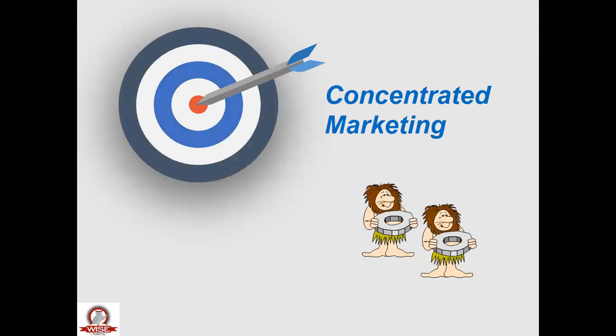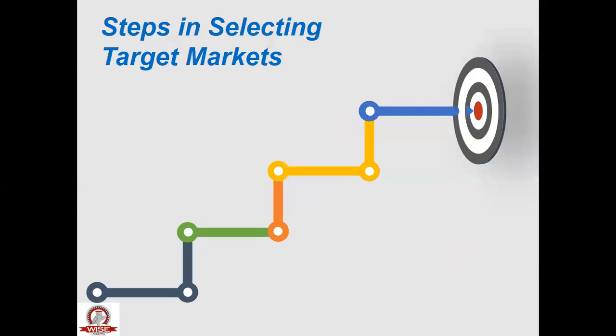This is where we have that defined market. In this case, I'm using the caveman example, that they have a need for a wheel, then we know exactly how to market to that class. So that could also be in this concentrated marketing, similar to the niche marketing that we discussed earlier.